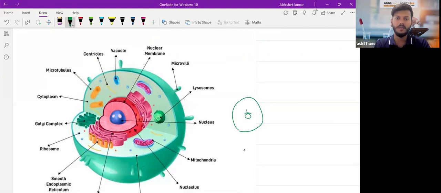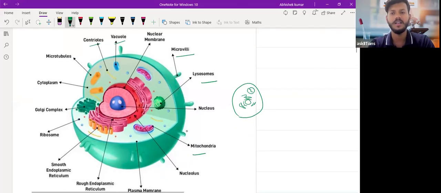The nucleus is surrounded by what? Endoplasmic reticulum. Then we have Golgi bodies also, and different types of cell organelles like centrioles, vacuoles, microvilli, lysosomes, and mitochondria. It is the powerhouse of the cell, generating energy. So this is the basics about the cell.